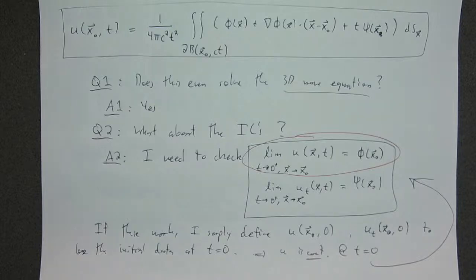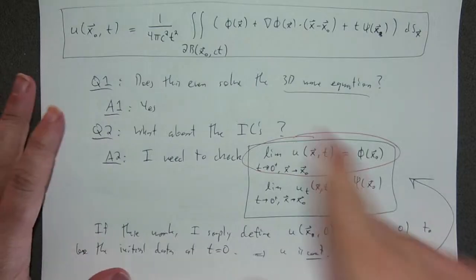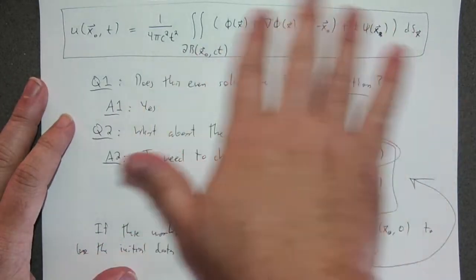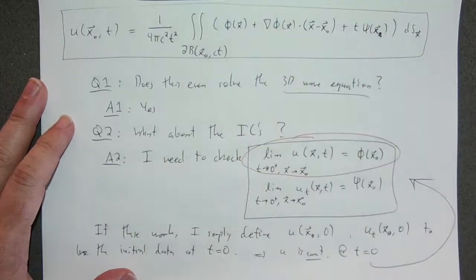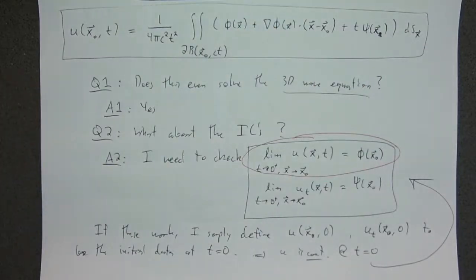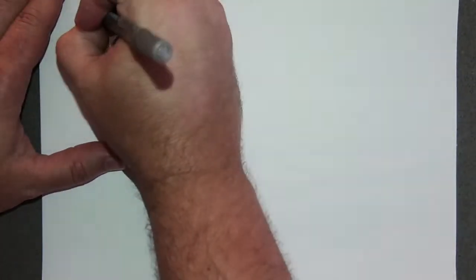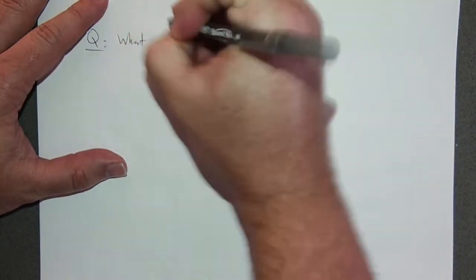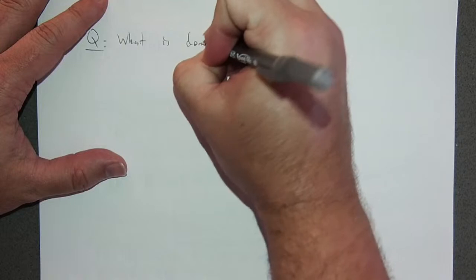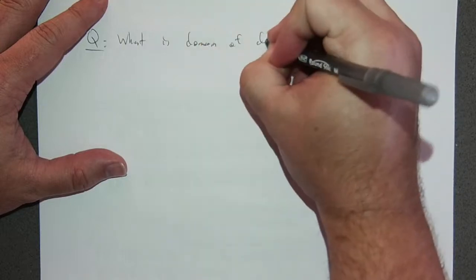That formula is entirely in terms of a surface integral over an expression that involves only the initial data. So here's a question, just like we asked before. What is the domain of dependence?